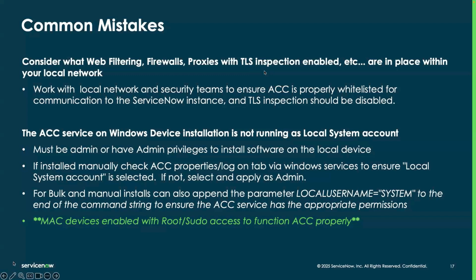Make sure TLS inspection is disabled, since our architecture is based on MTLS, which is very secure and industry-wide used. You can talk to your network and security team internally to make all these things smooth.